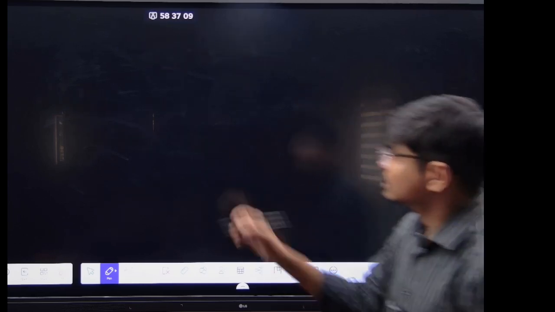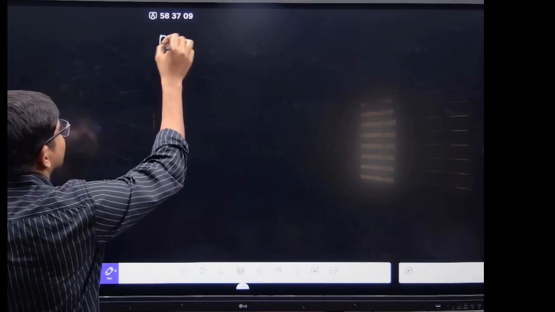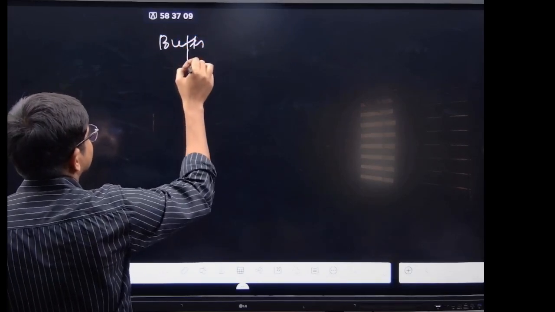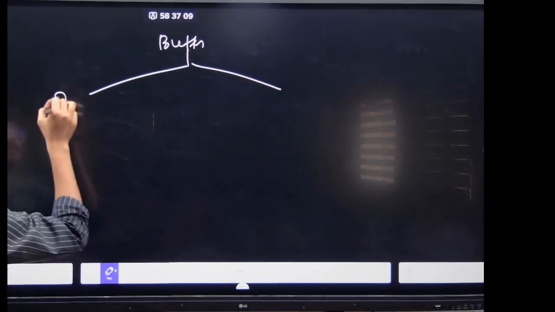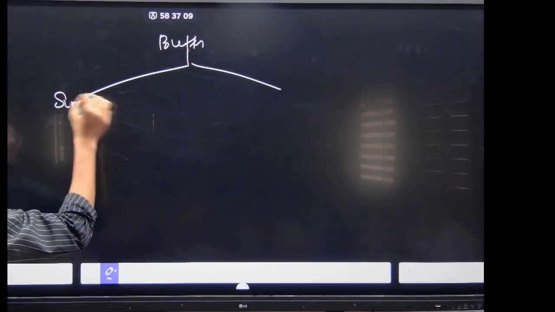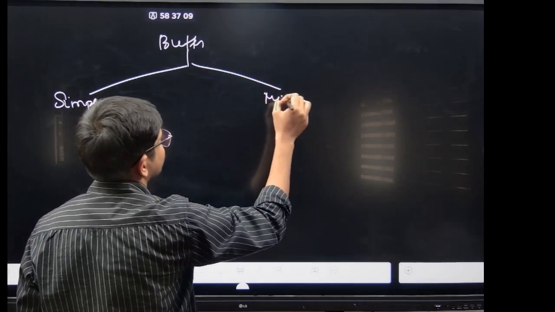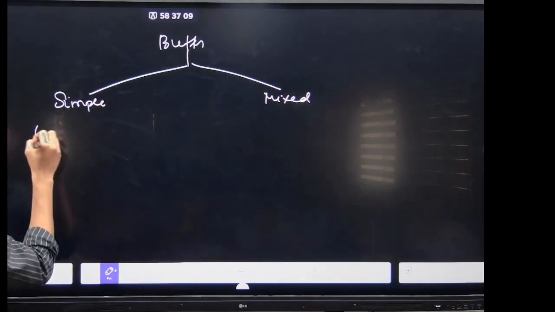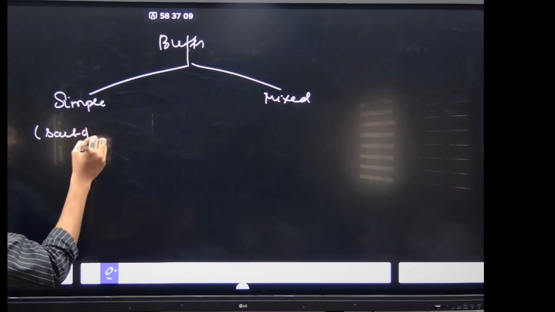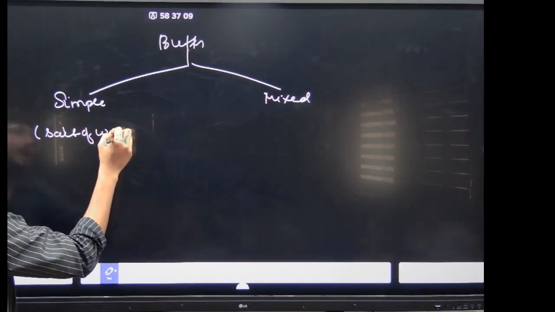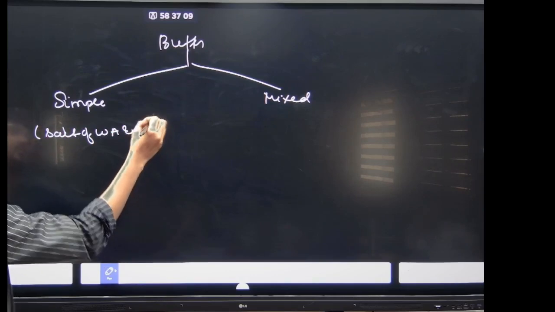Simple buffer means the salt of a weak acid and a weak base.